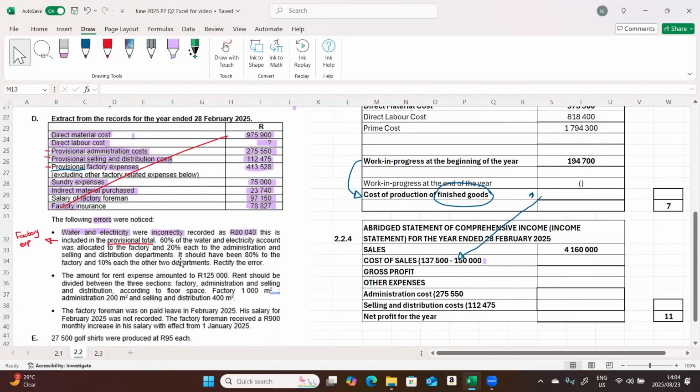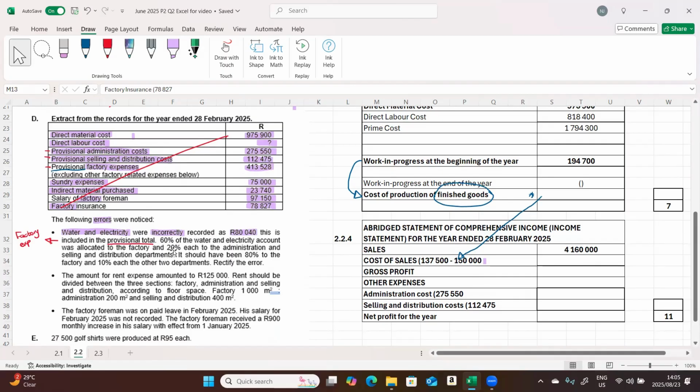But then they also say the allocation is also wrong. It should have been 80% to the factory and 10% each to the other departments. Rectify the error.